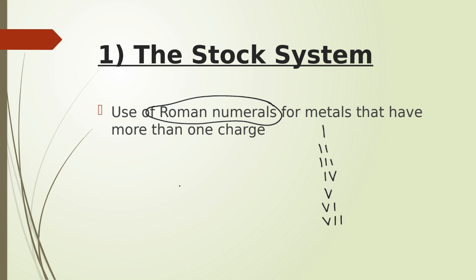So when you see here for 4, for example, and you see the line before the 5, the V, that's indicating that you take 1 off of 5. When you see the line after the 5 or after the V, that's indicating that you would add on 1 to V or 5. This is why we have 6 and 7 denoted that way.